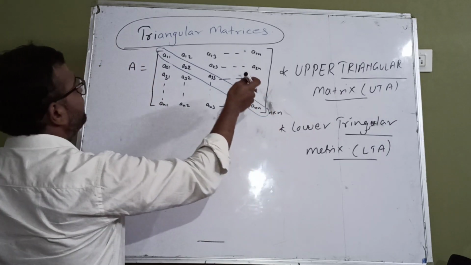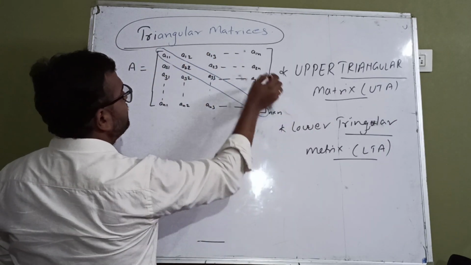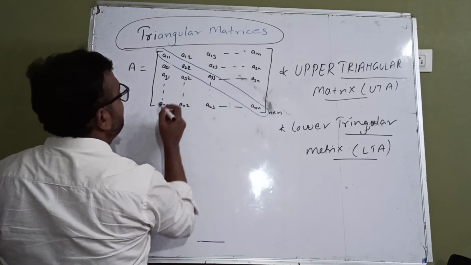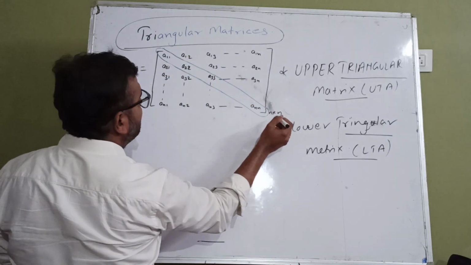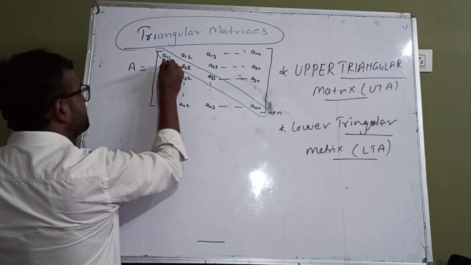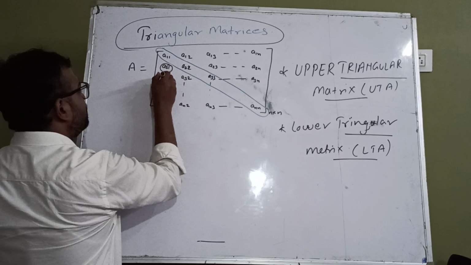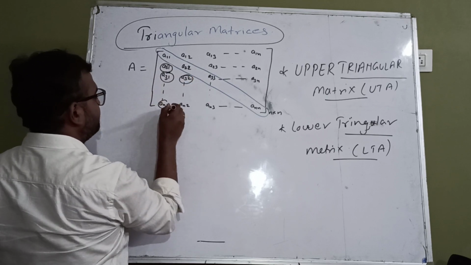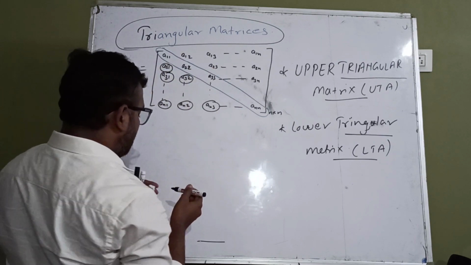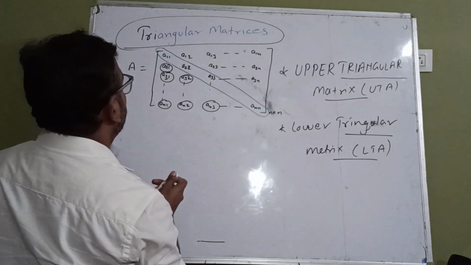The upper triangular matrix is a square matrix in which all the elements below the diagonal elements are zero. Here, these are the diagonal elements, and all the elements below them are said to be the elements below the diagonal elements.